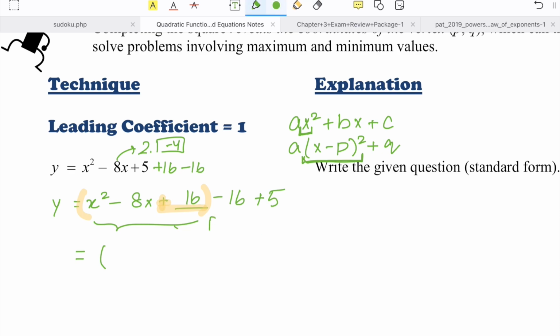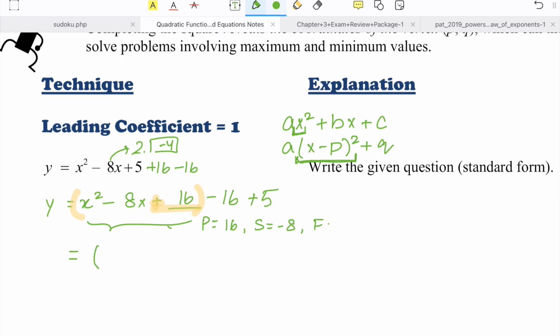My product is 16, sum is negative 8. So your factors will be negative 4 comma negative 4.